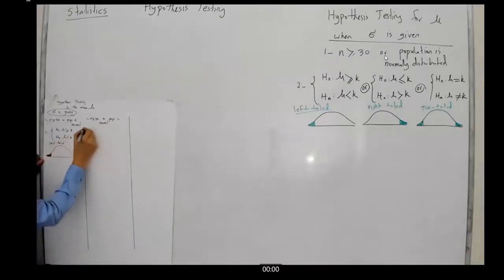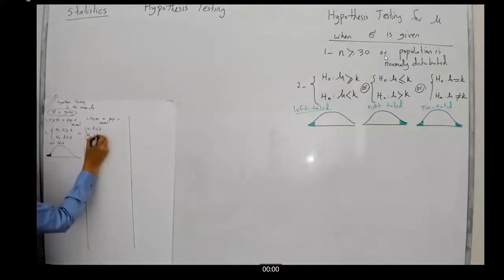Or your null hypothesis says mu is less than or equal to k, HA, mu is greater than k. It means that you have a right-tailed graph.